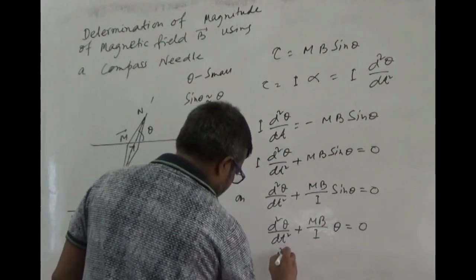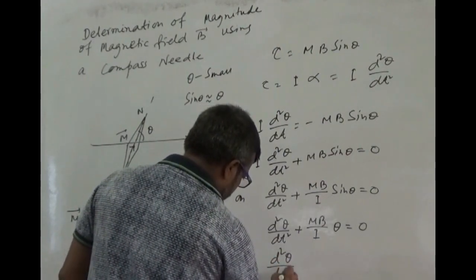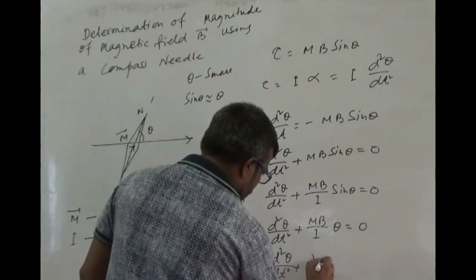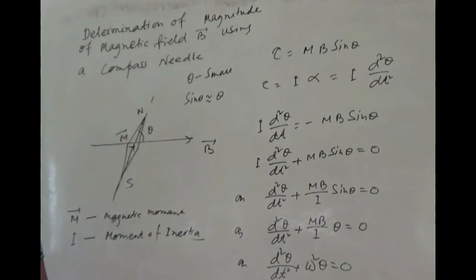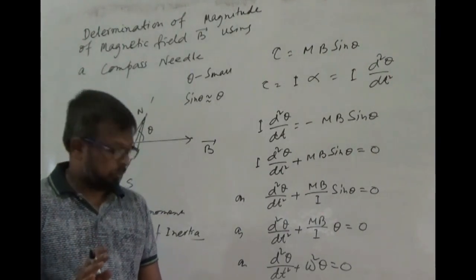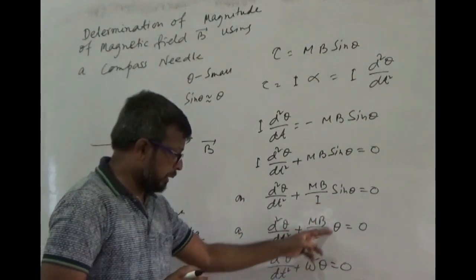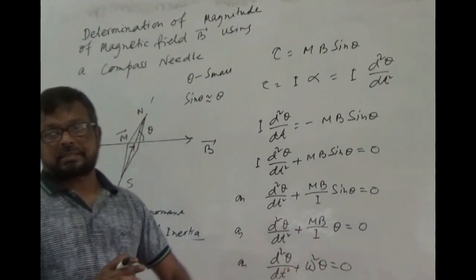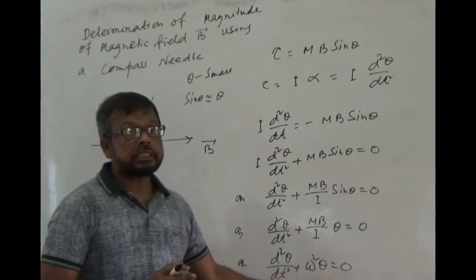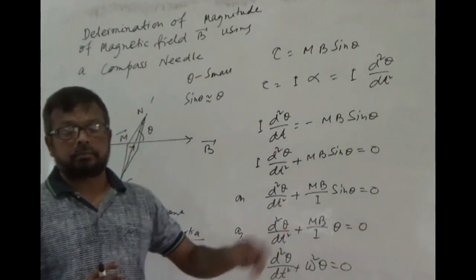If we write MB by I as omega square, this can be written as d2 theta dt square plus omega square theta is equal to 0, which is an equation of SHM, simple harmonic motion.